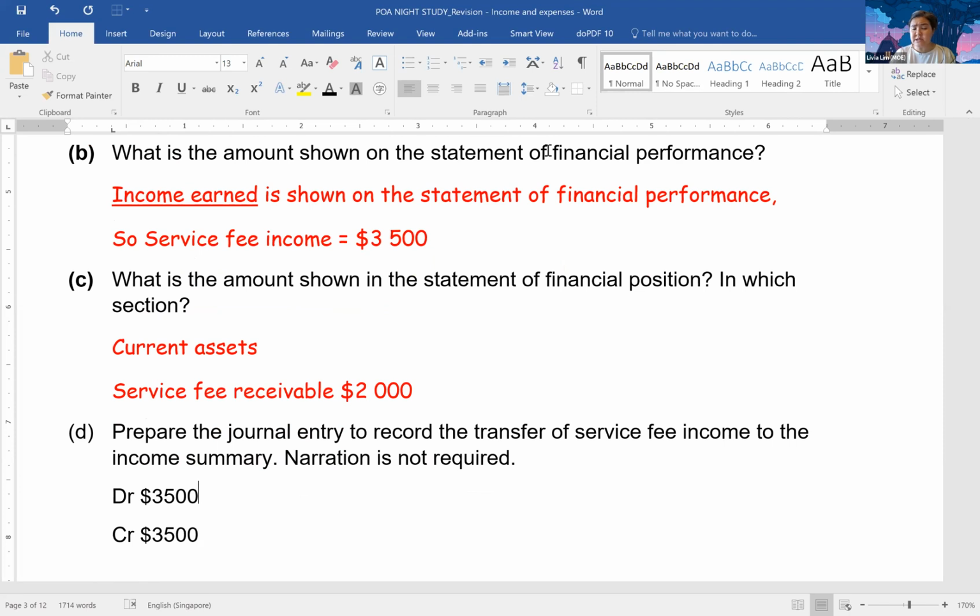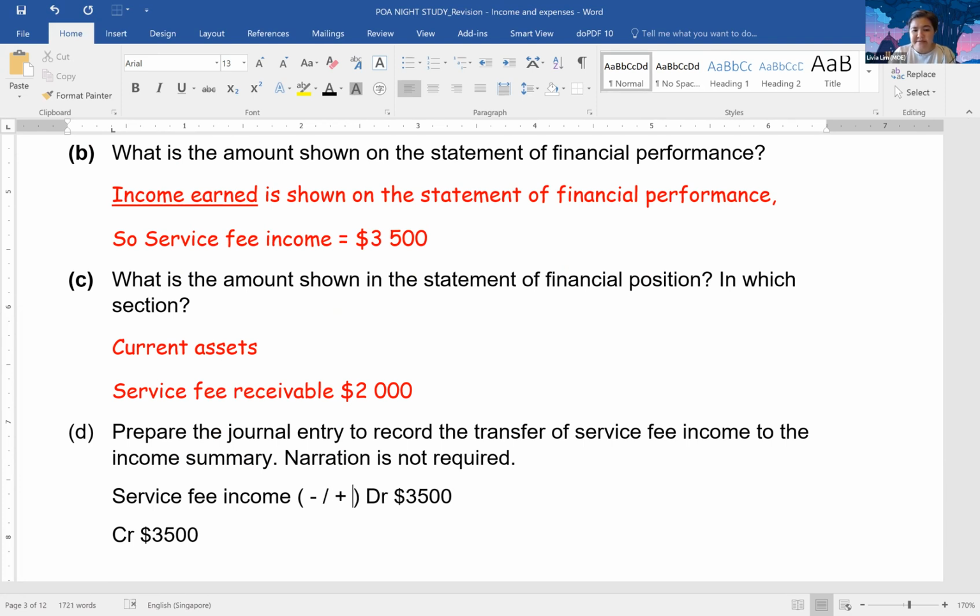Okay, so what is the double entry? Your double entry will be like this. You will be debiting service fee income. Why debit service fee income?